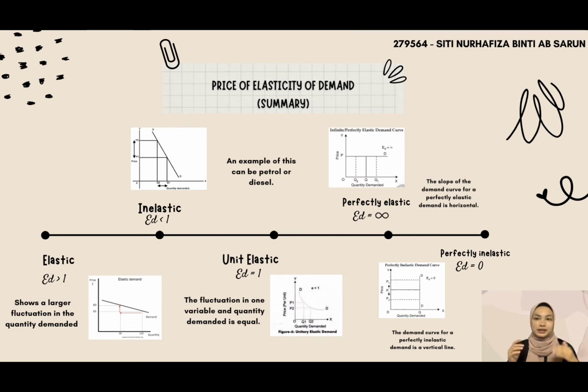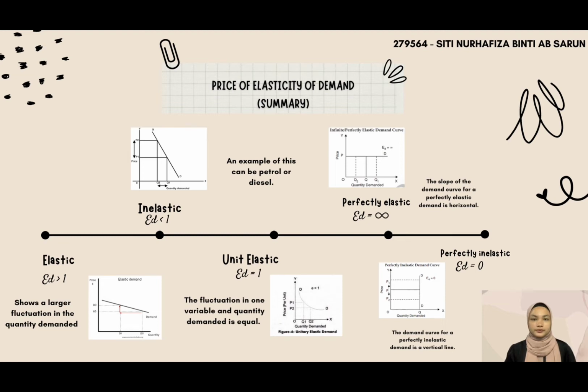First, an elastic demand is one that shows a large fluctuation in the quantity demanded of a product in response to even a little change in another economic variable. The second one, an inelastic demand, is one that shows very little fluctuation in the quantity demanded with respect to a change in another economic variable.